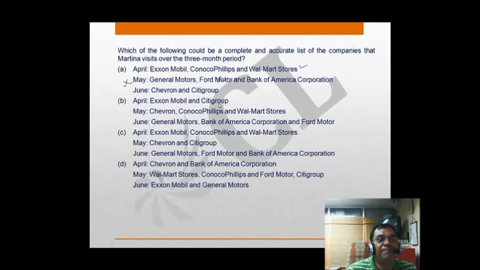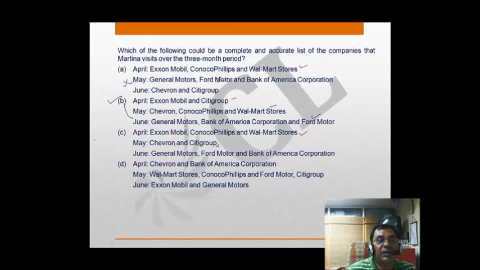Exxon Mobil and Citigroup, one is correct. Chevron, ConocoPhillips and Walmart stores is correct. General Motors, Bank of America, and this is in the month of June also. So this is correct. This appears correct, but to be double sure, I check that the others are also wrong, because otherwise I am getting my answer as B. Exxon Mobil, ConocoPhillips and Walmart stores, this is correct.